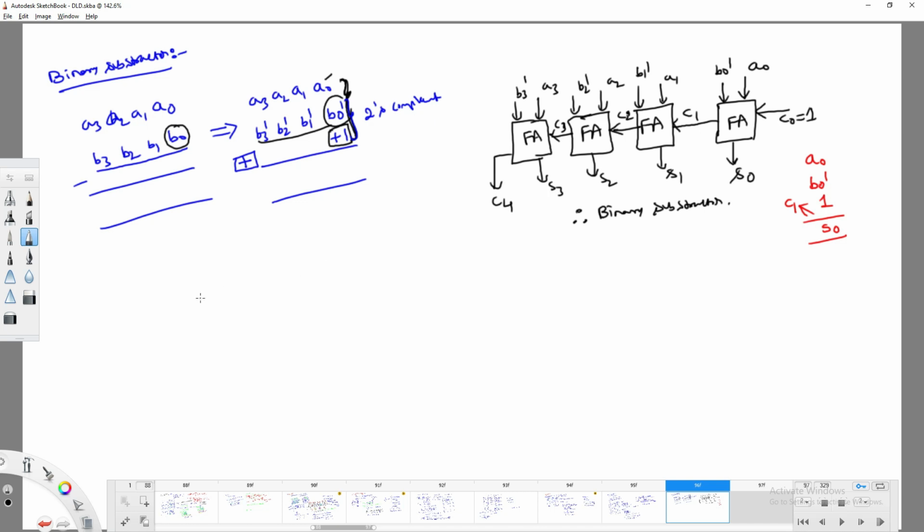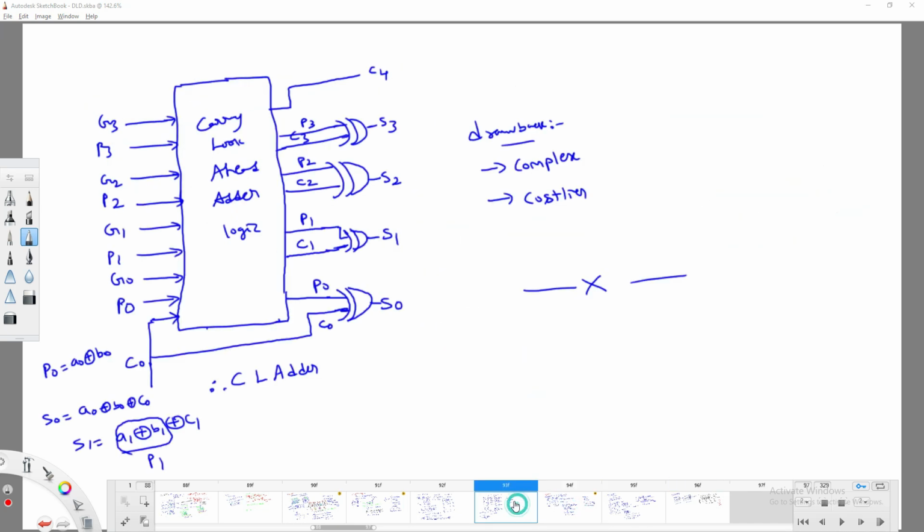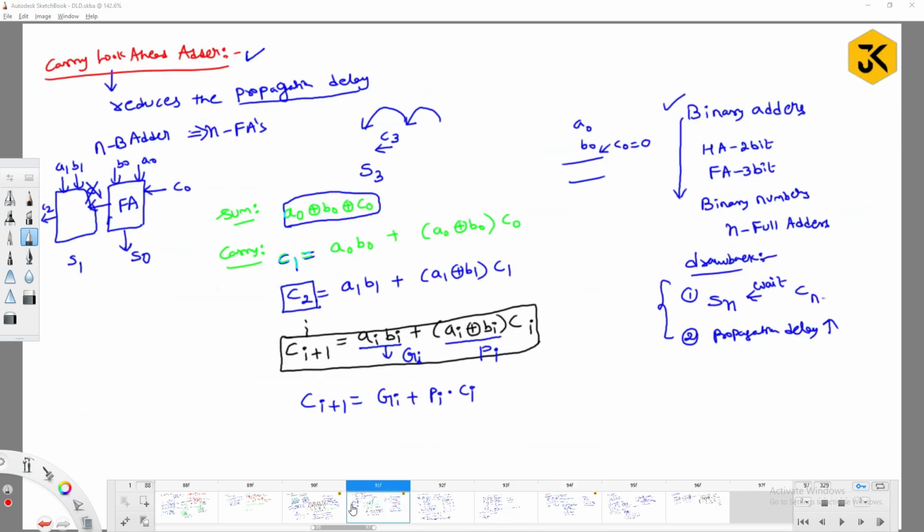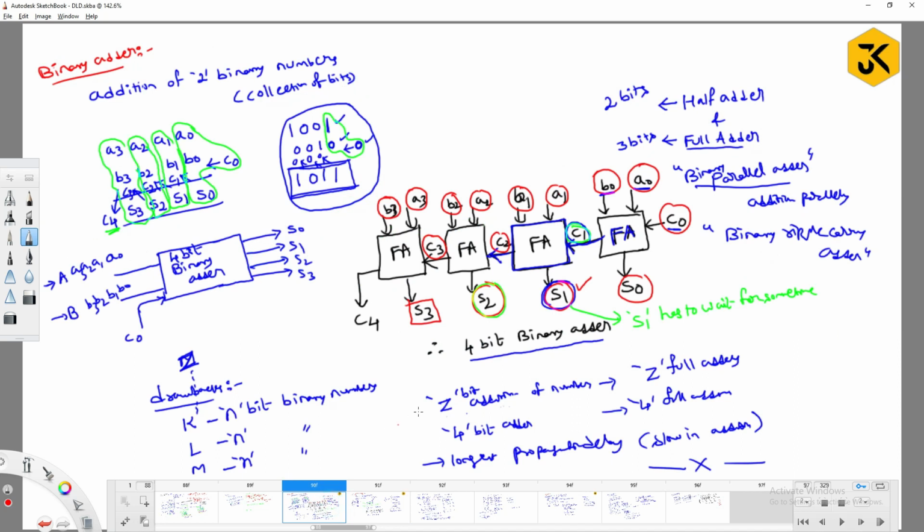If you check this binary subtractor circuit and the binary adder circuit, those two circuits are completely the same, except for these terminologies: B3 as B3 bar, B2 as B2 bar, B1 as B1 bar, B0 as B0 bar, and C0, which is made 1 in place of 0.